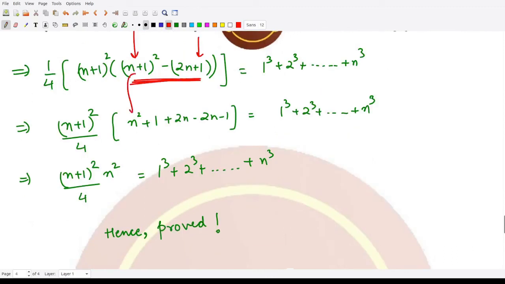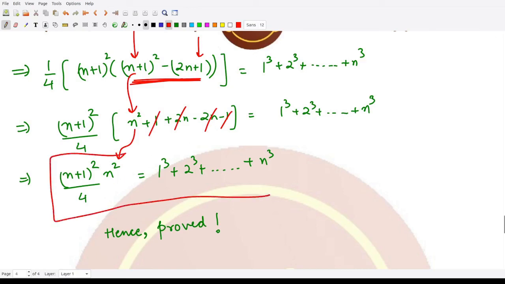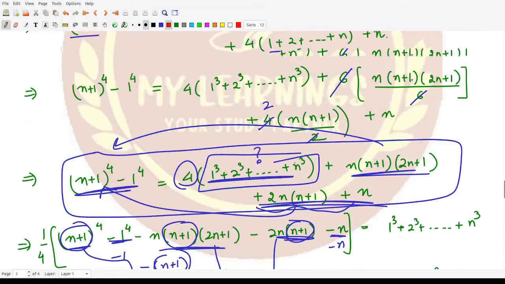You can open up this square, n square plus 1 plus 2n, and you can open up this bracket, so it would be minus 2n minus 1, right? So this 2n and 2n get cancelled, this 1 and 1 get cancelled, so you are left with n square. And basically this is the formula for calculating the sum of cubes of first n natural numbers, and this is what we wanted to prove here in this video.